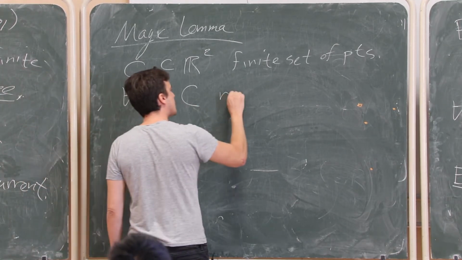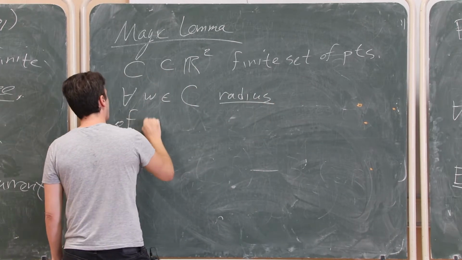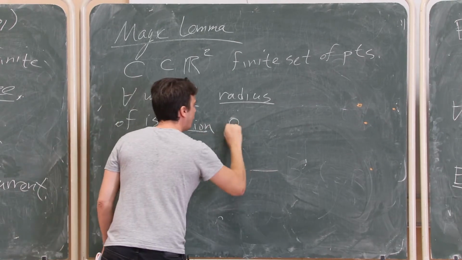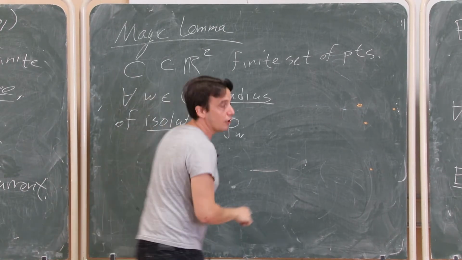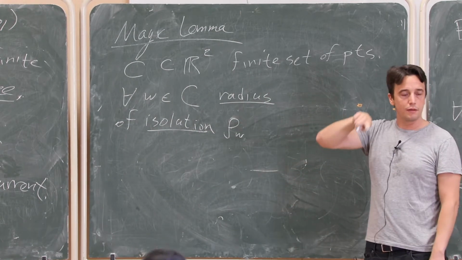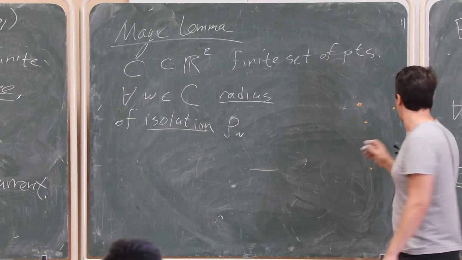The radius of isolation, rho w, is simply the largest radius that you can put around this point so that the disk of that radius does not touch any other points.